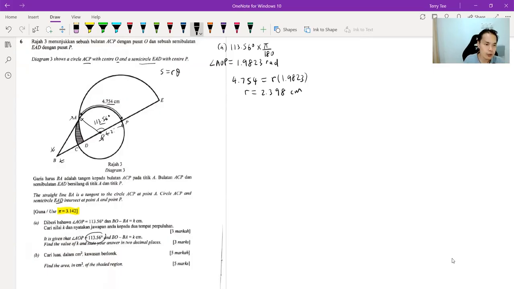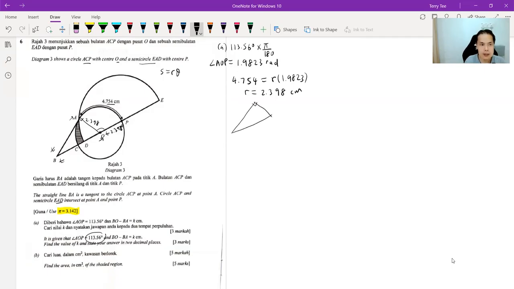So 2.398 here. When you rotate this radius, we know that this is also 2.398. Now I want to redraw this triangle. I know this is a tangent, so I'm going to redraw the triangle like this.